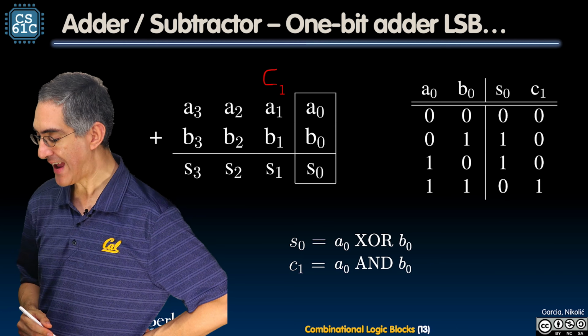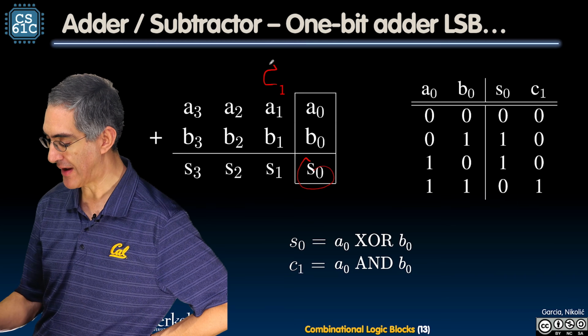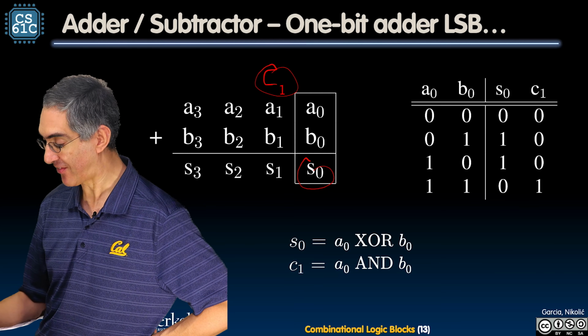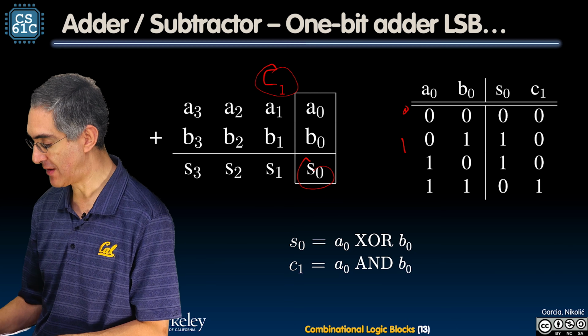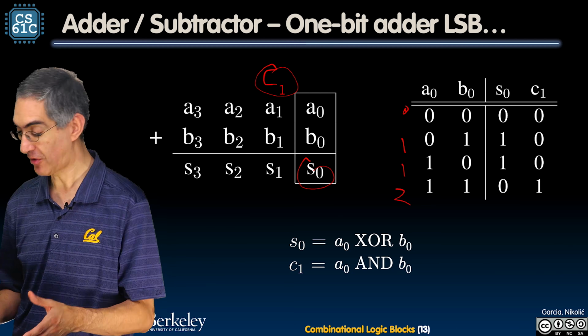So let's look at the logic of that. What's the value of S0 and carry 1 based on A and B? It's basically add up these two bits. What's the sum of 0 plus 0? 0. What's 0 plus 1? 1. 1 plus 0? 1. What's 1 plus 1? 2. Okay? So guess what?